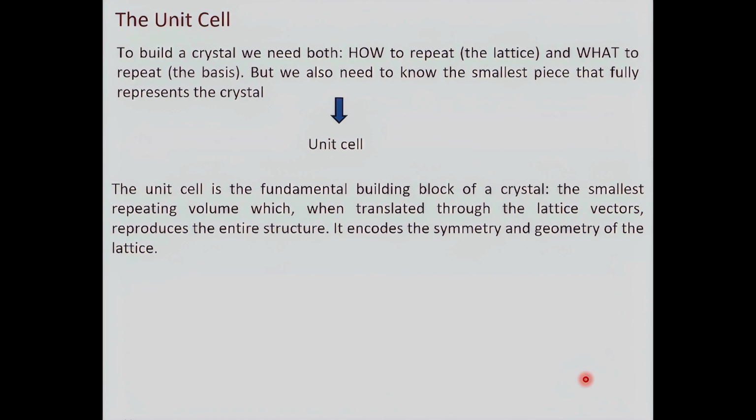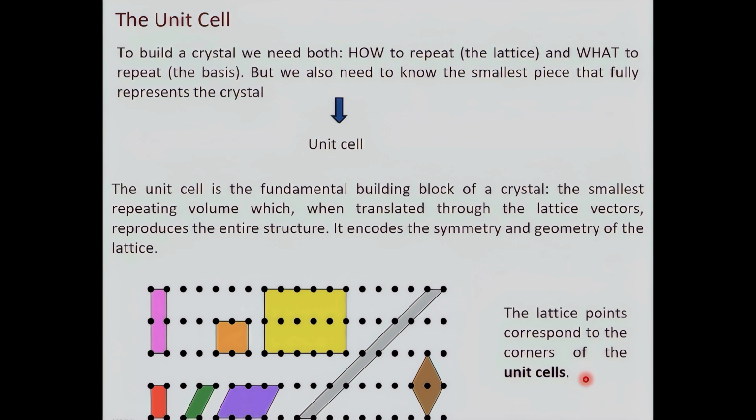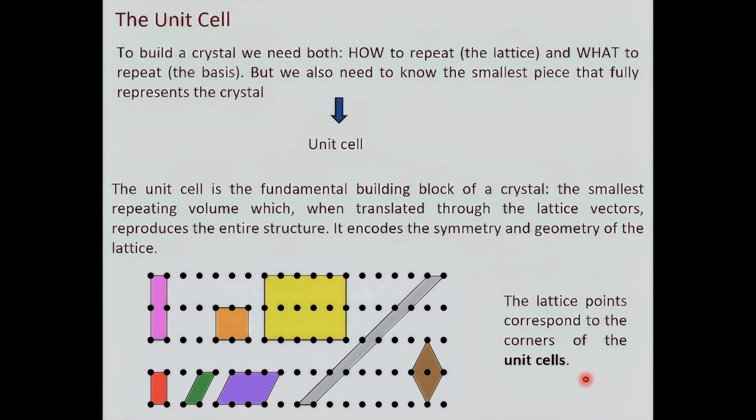The unit cell is the building block of a crystal, the smallest volume that we repeat in space, only translated, because the symmetry and the periodicity are already inside the unit cell. Then you take the cell, you only translate it in 3D, and you recover the whole crystal lattice.